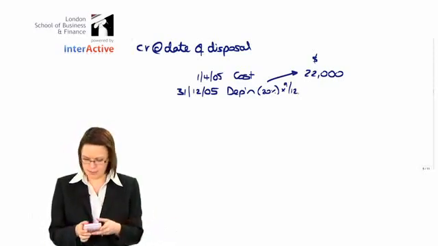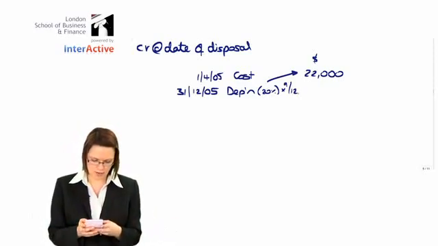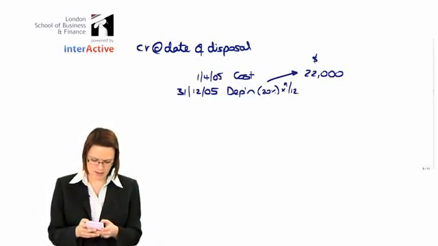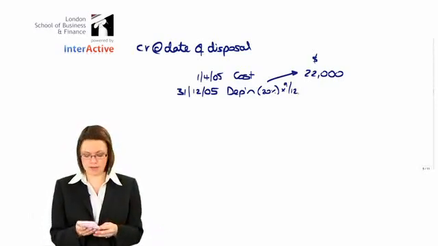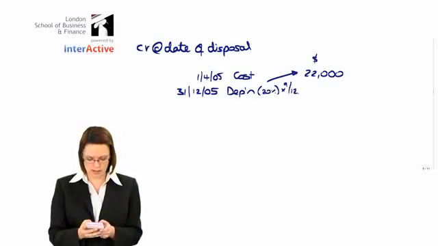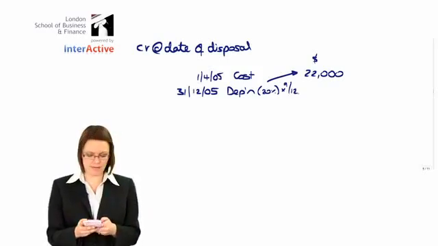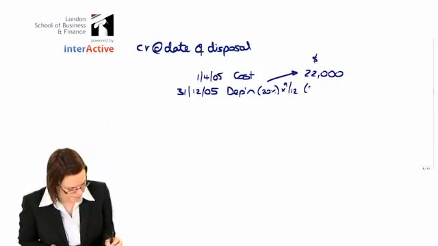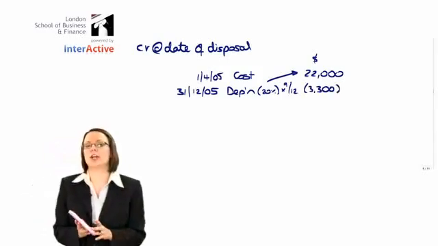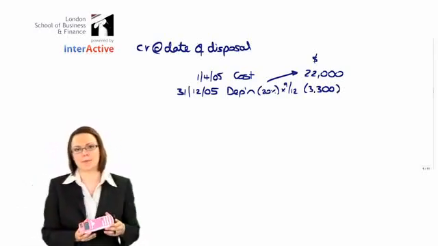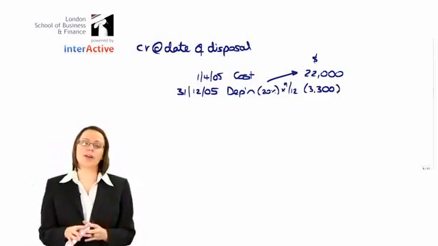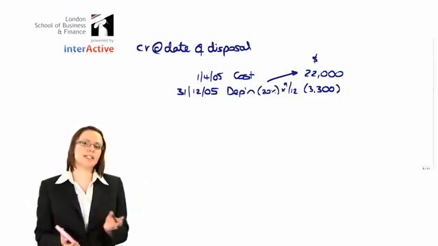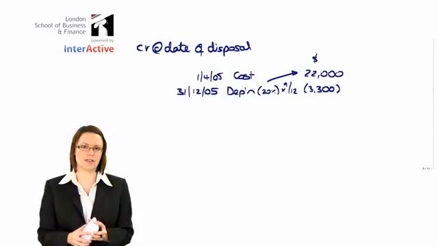So let's depreciate. 22,000 at 20% will give us 4,400 for the year, but we only want 9 months' worth of that, so 3,300 will be our depreciation charge that year. Now at this point, I always find it useful to work out the accumulated depreciation rolling balance.